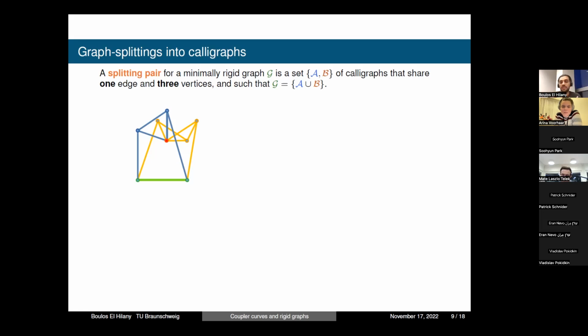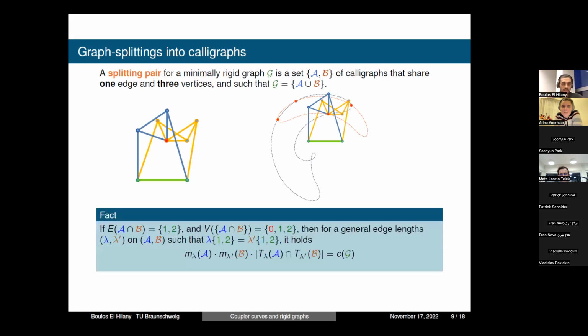It's a nice graph for us if we can split it in this form. So why is it practical? Well, each realization of a splitting pair is a union of two realizations of Calligraphs, because it's written as a union.